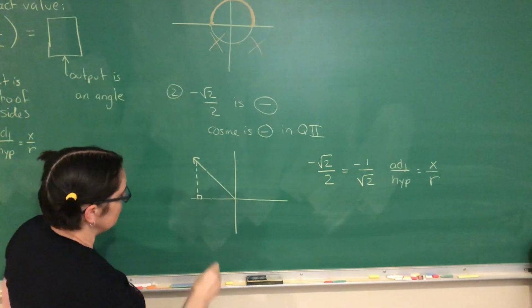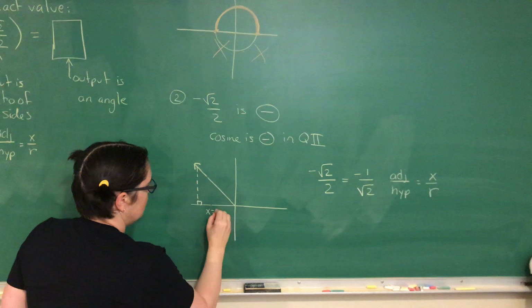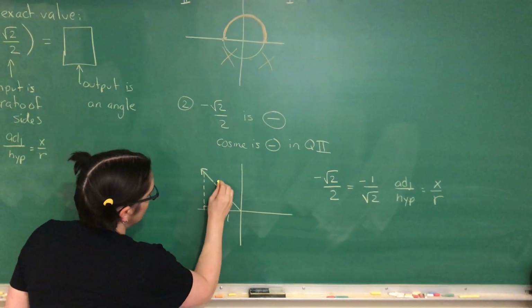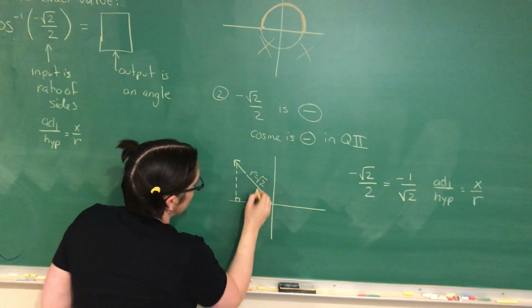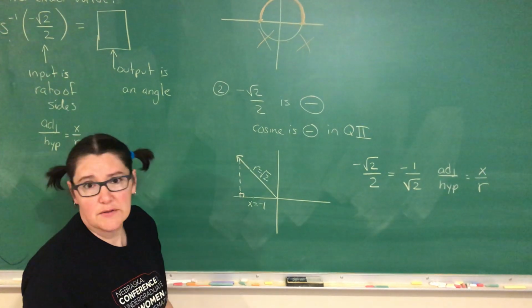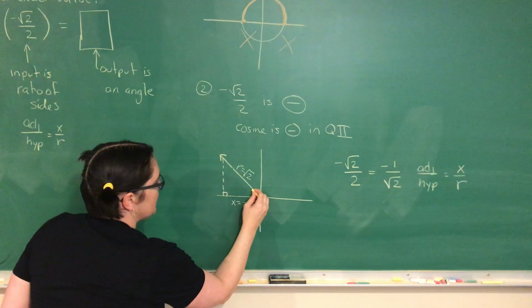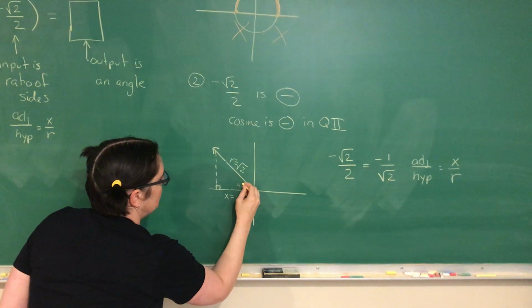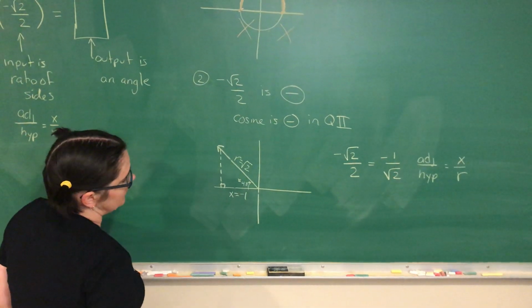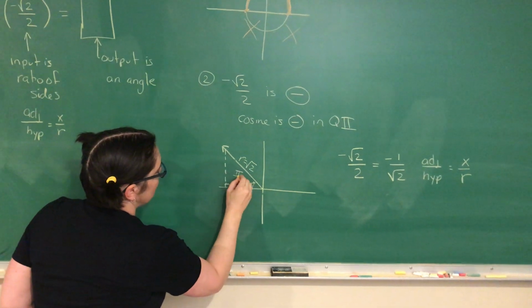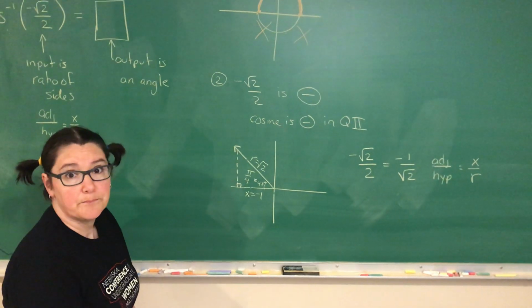So in my picture, my x value will be negative 1, my r value will be square root of 2, and as soon as I see those values, I can immediately identify that this is going to be our 45-45 right triangle. So our reference angle is 45 degrees, or in terms of radians, pi over 4.